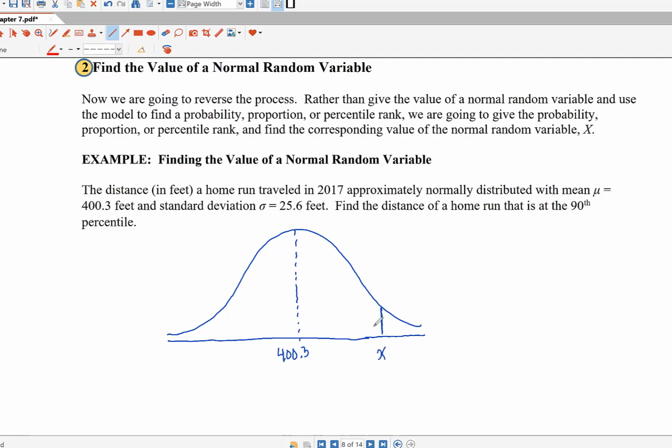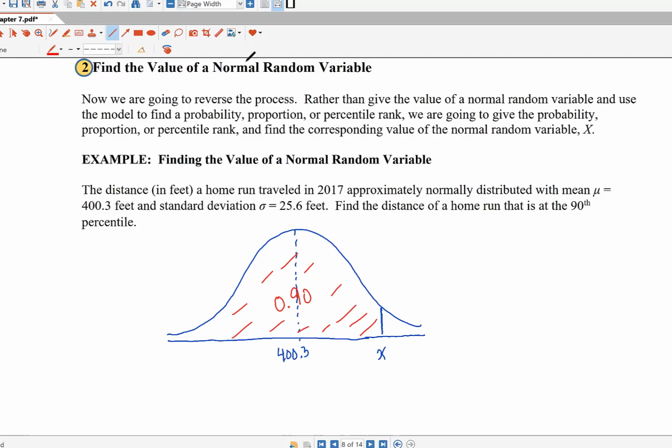And that means that particular home run distance is further than 90% of all other home runs. And so that means that we're looking for the value of X such that the area under the curve is 0.9.